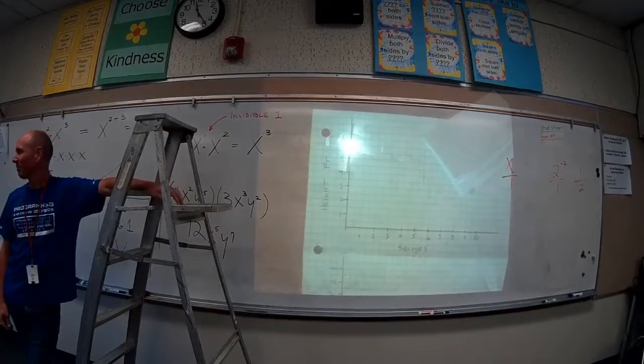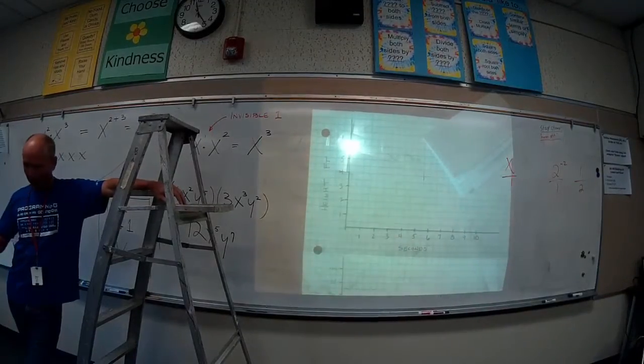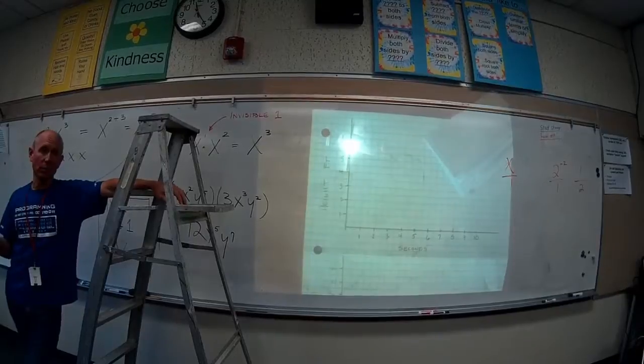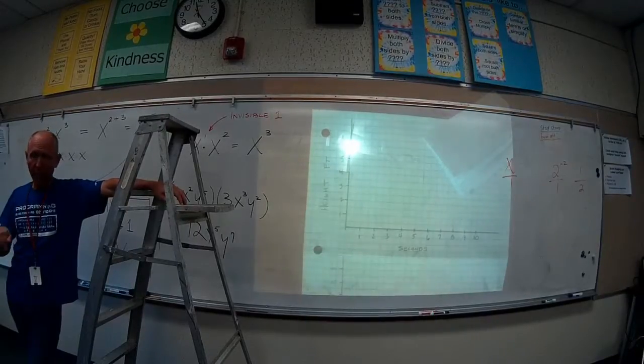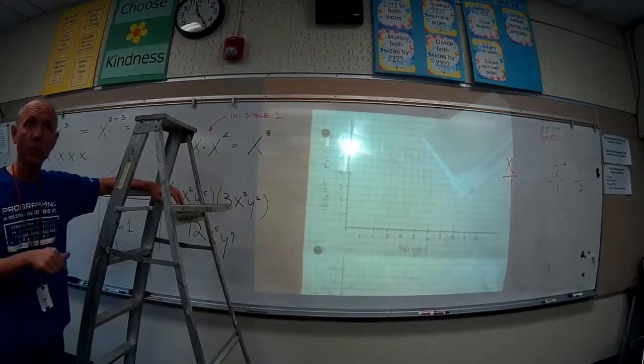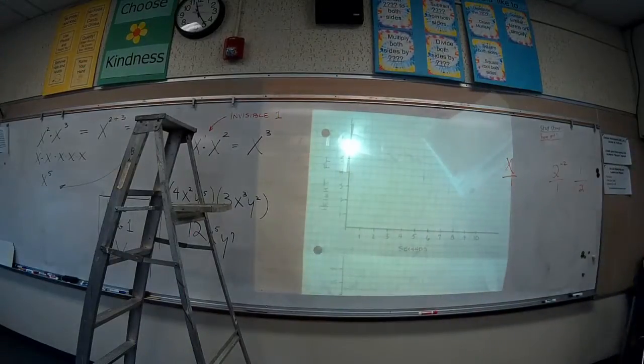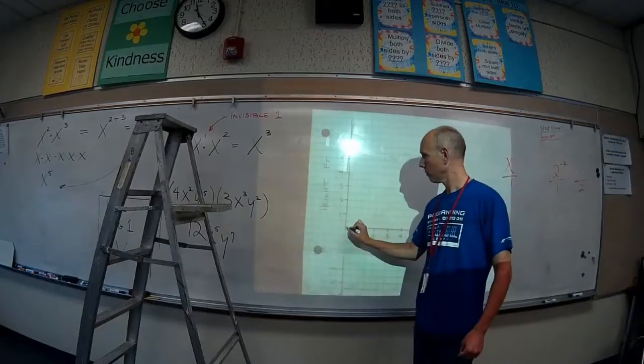So here we go. Hopefully you got that graph ready. Right now, at time 0, how far off the ground am I? 0. At time 0, I am 0 feet off the ground. So on this graph, right now, at time 0, I am right there.